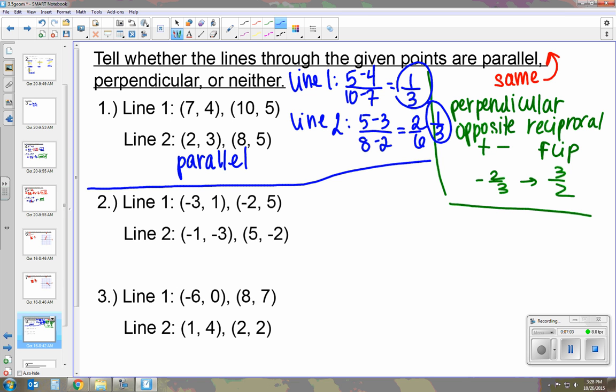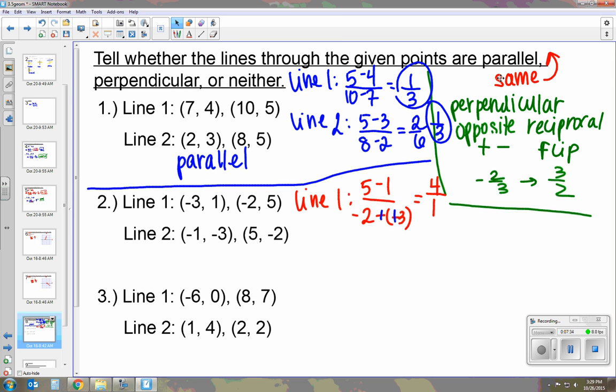Let's do the second one. Line 1 is going to be 5 minus 1 over negative 2 minus a negative 3. So that'll be a plus. So 5 minus 1 is a 4, and negative 2 plus 3 is 1, so 4/1.